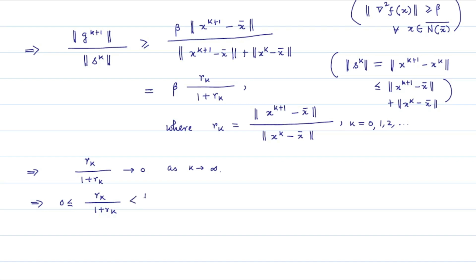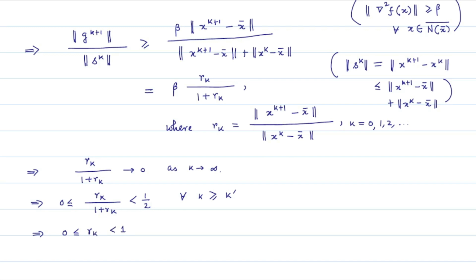As well, this is less than half as this quantity is tending to 0. Maybe this is less than half after a certain index number, say k greater than or equal to k dash.